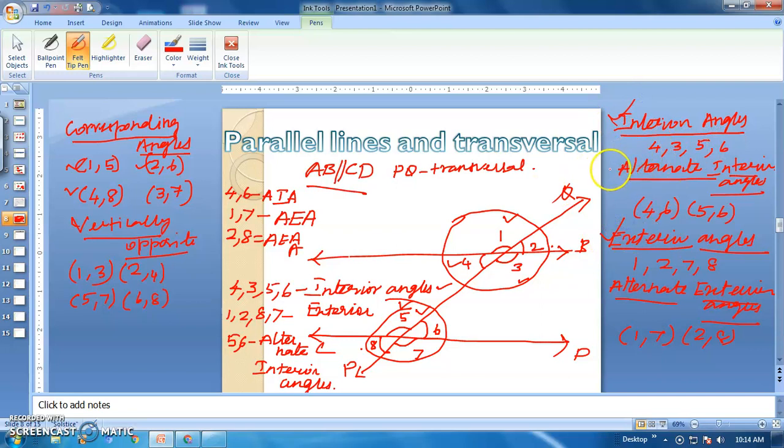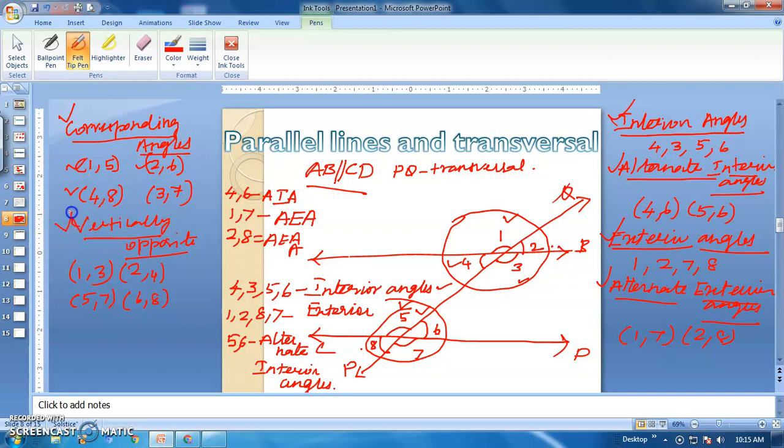Out of that, alternate interior angles and alternate exterior angles according to position, and also corresponding angles, the angles which lie above the parallel lines or below the parallel lines on the same side of the transversal. According to that, you can find 4 pairs of corresponding angles.